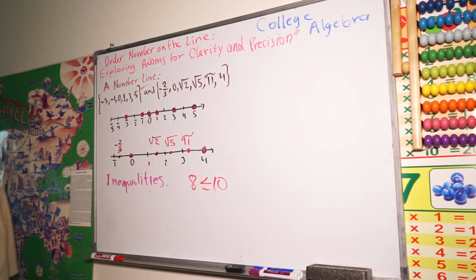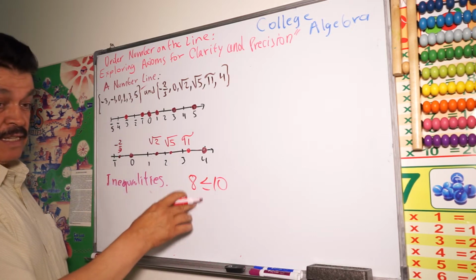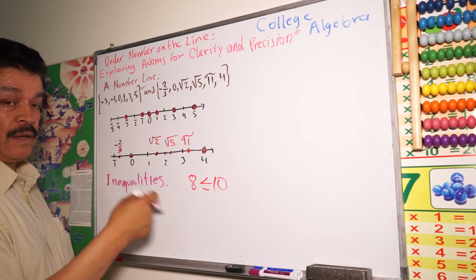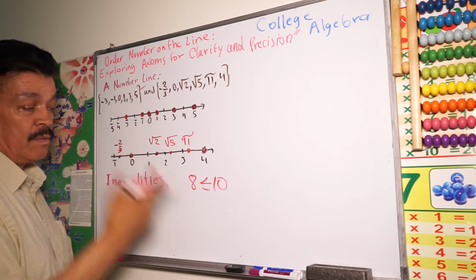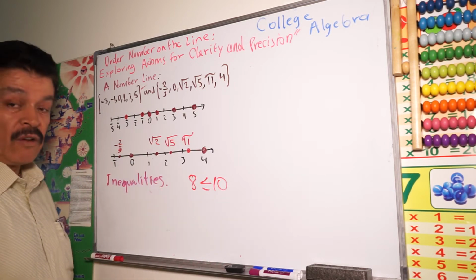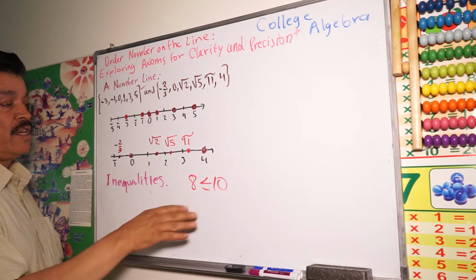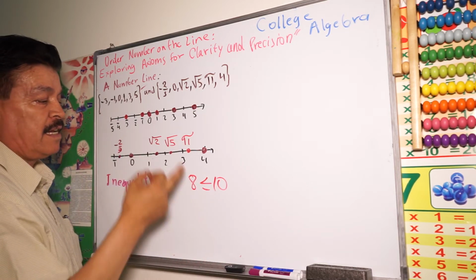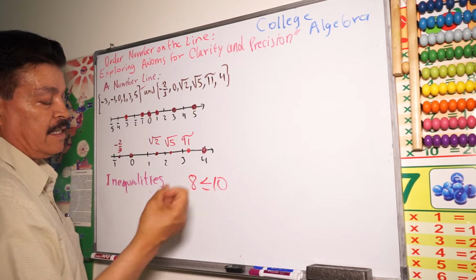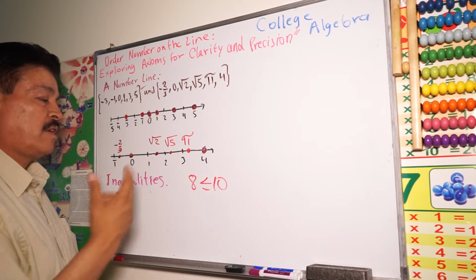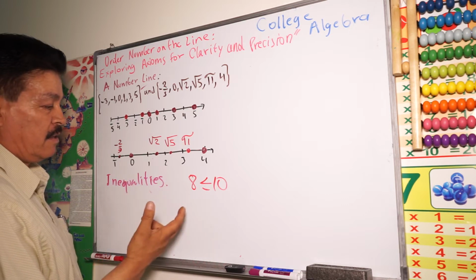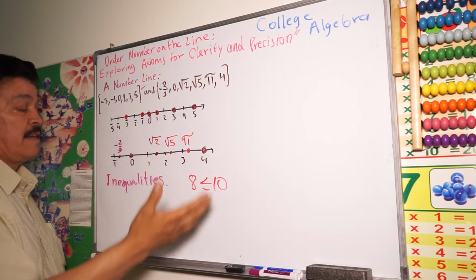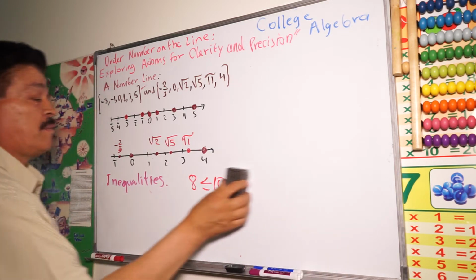We have to know this kind of sign, the ones I wrote before: greater than, less than, greater than or equal to, less than or equal to.